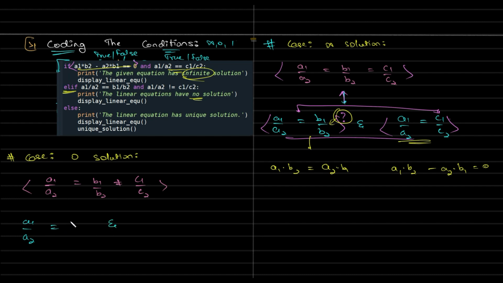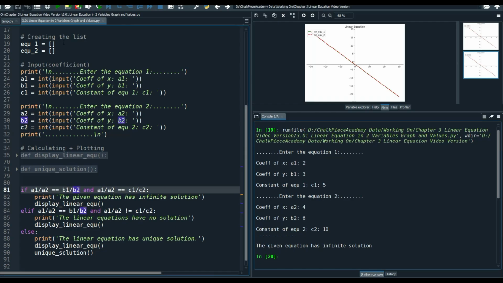Yes, we have A1 by A2 being equal to B1 by B2, and A1 by A2, is it equal to or not equal to? Good, not equal to C1 by C2, or B1 by B2 not equal to C1 by C2. Here I coded that not equal to sign with an exclamation mark, right?